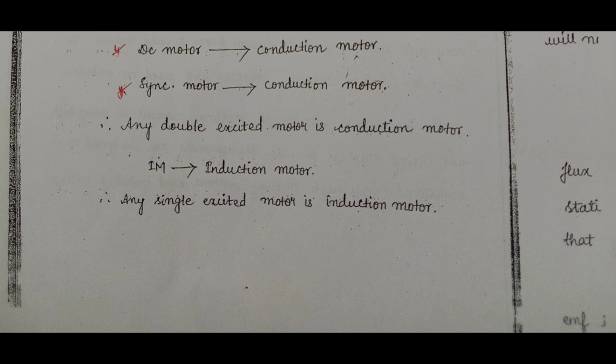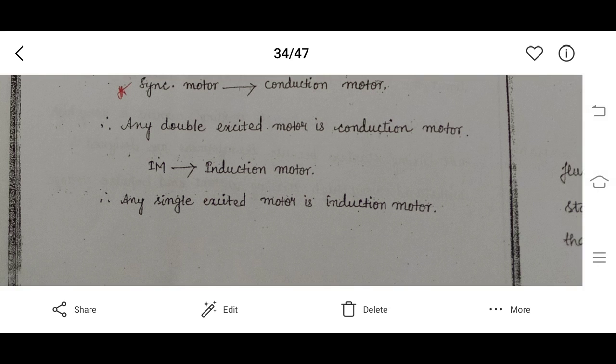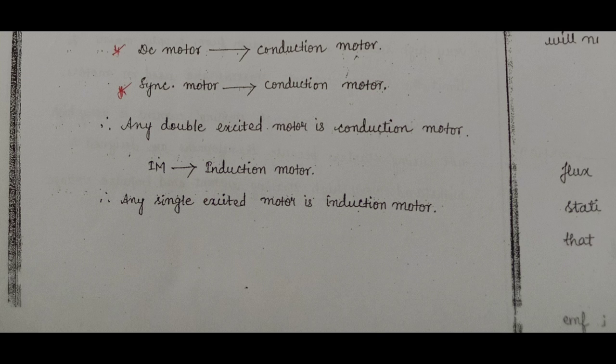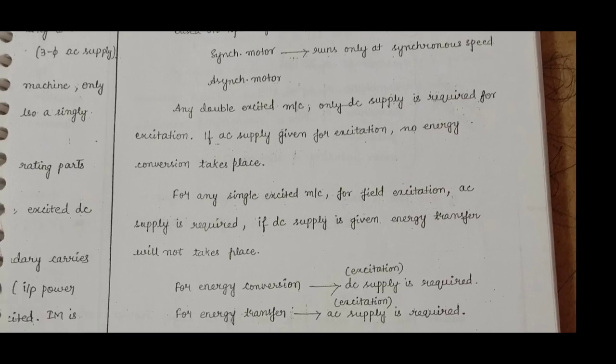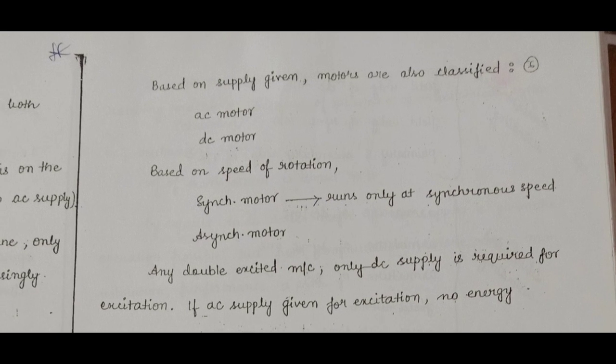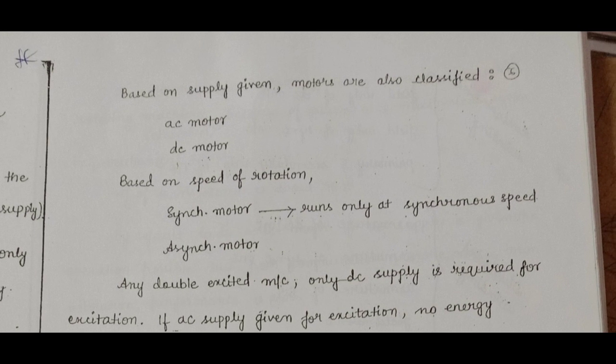Any single excited motor is an induction machine. Single excited machines are induction machines. Double excited machines are conduction machines. Based on supply given, motors are classified into AC motor and DC motor.